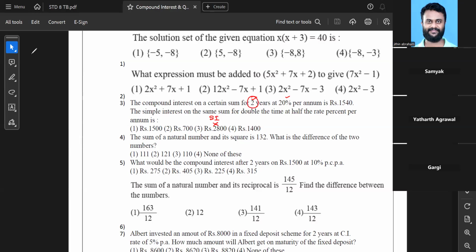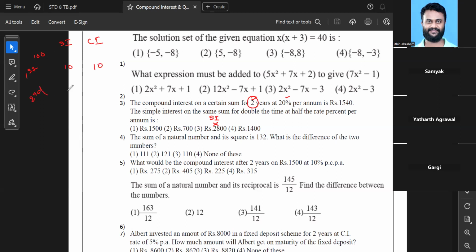Okay. Now, I hope you know what happens in case of compound interest and simple interest. You have the logic. For example, if we say 100 rupees is the principal, in case of simple interest, first year simple interest is 10, compound interest is 10.